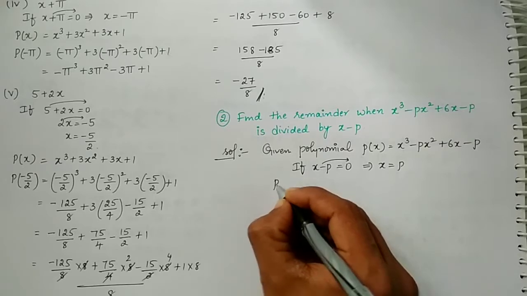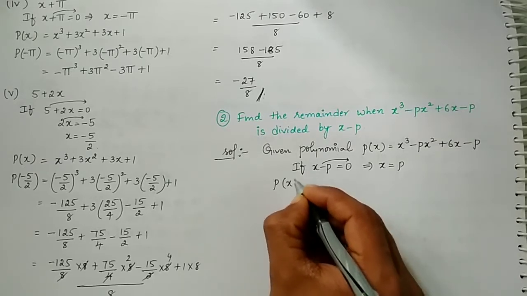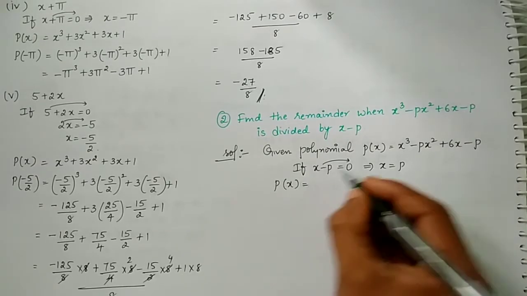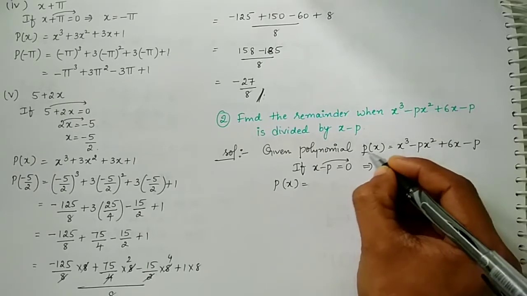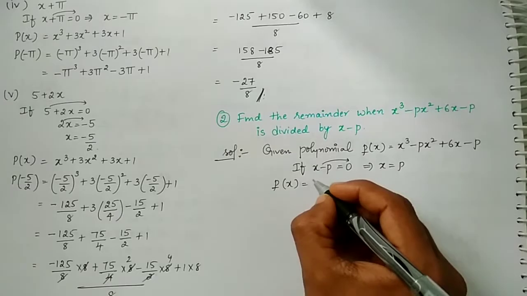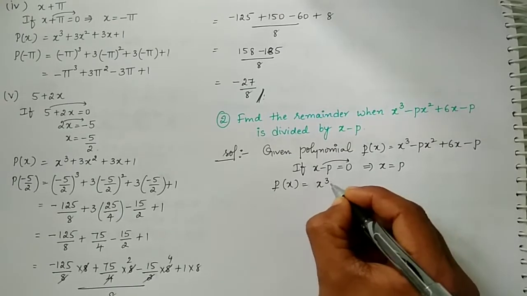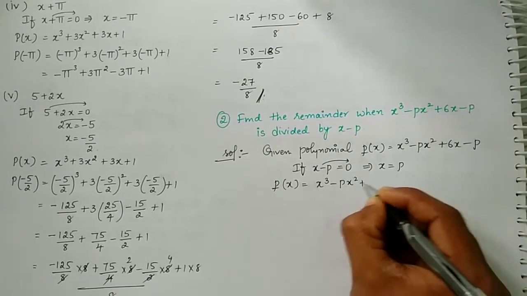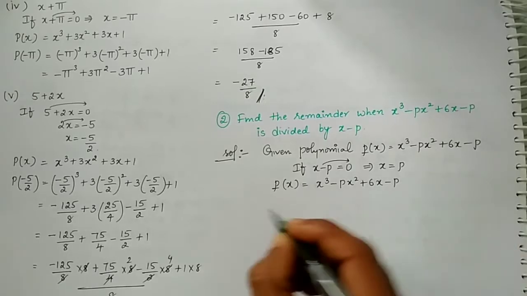Then we get p of x equals, so I take this as f of x, because if I substitute p, we get p of p. So we take f of x equals x cubed minus px squared plus 6x minus p as the polynomial.